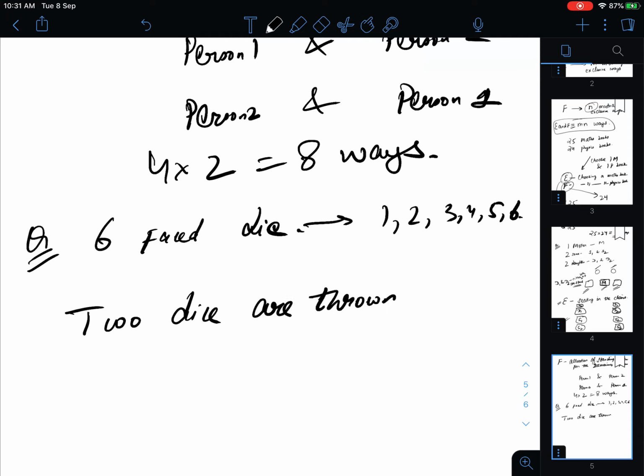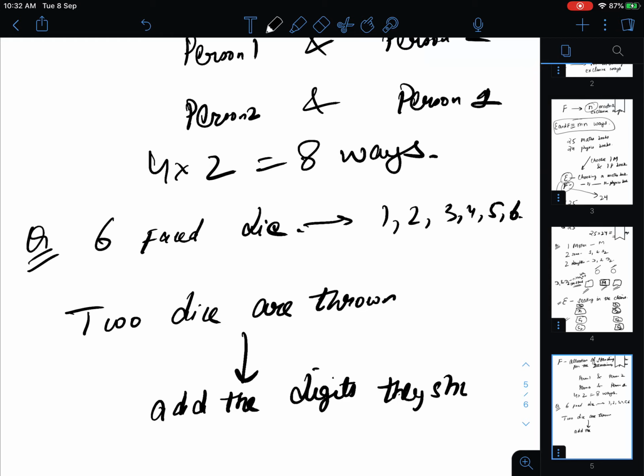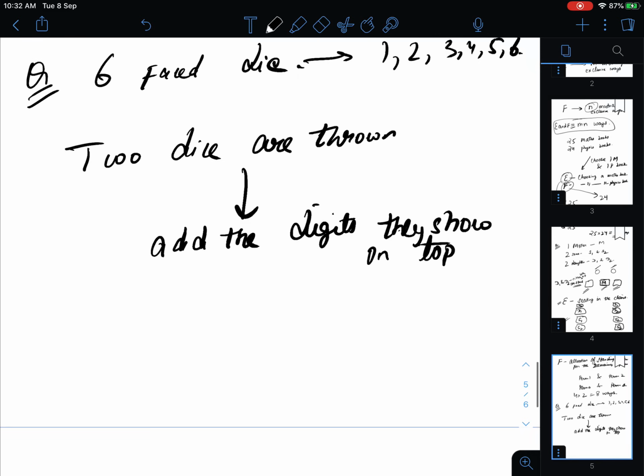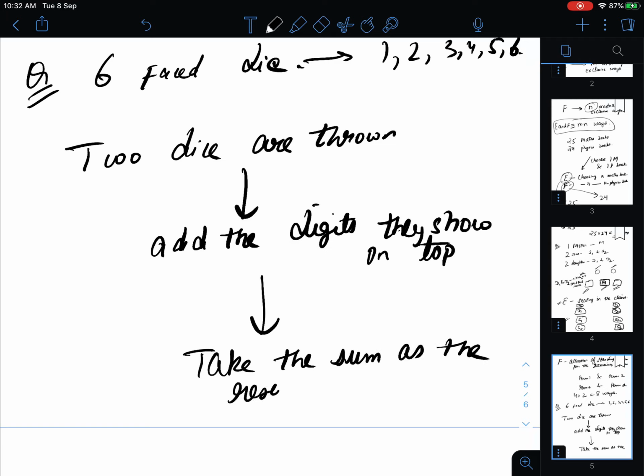Then add the digits they show on top and then take the sum as the result of the throw.